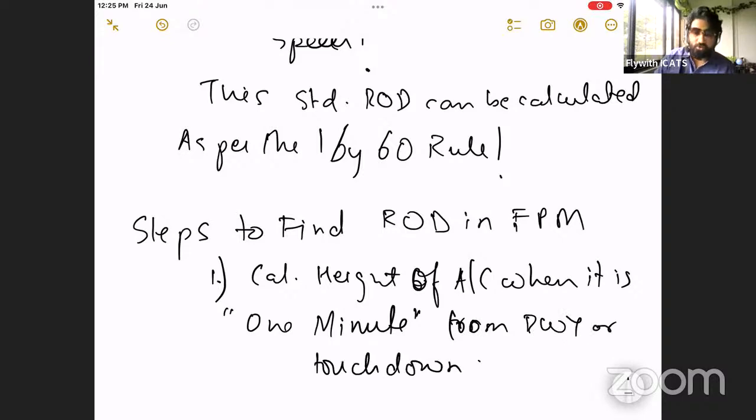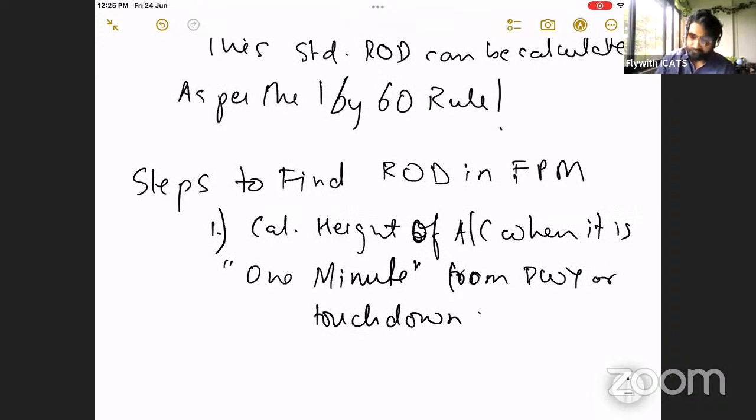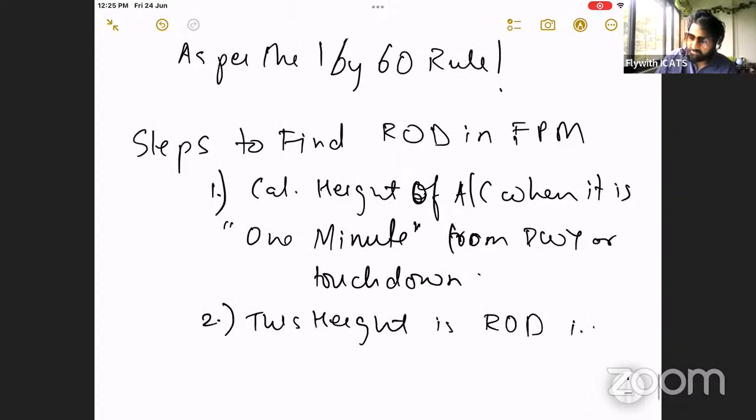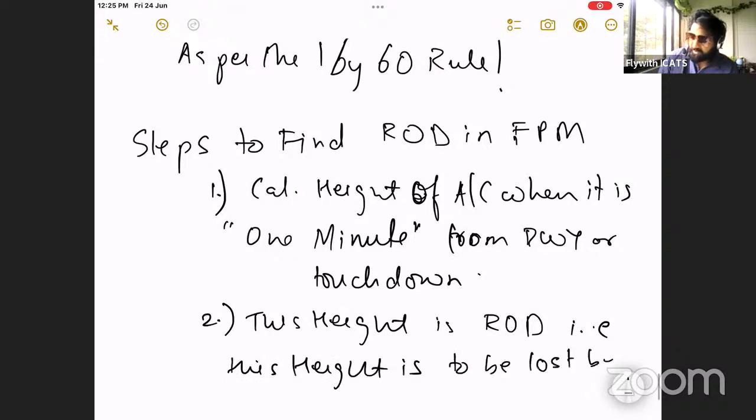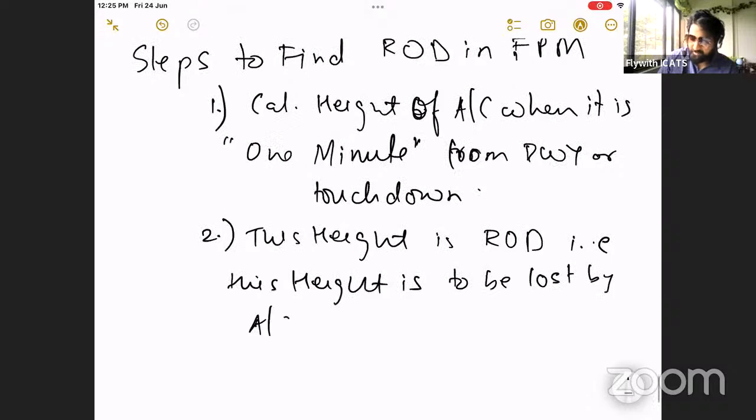I'll show you how to solve in minutes. This height is ROD, that is, this height is to be lost by aircraft in 1 minute.